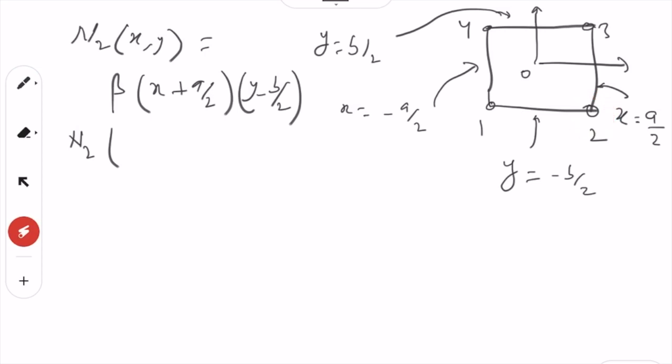This point is x equal to a over 2 and y equal to minus b over 2.